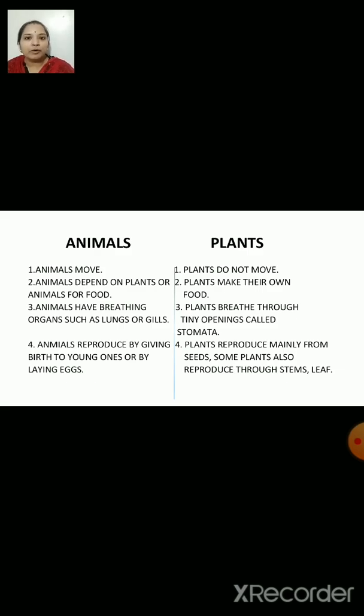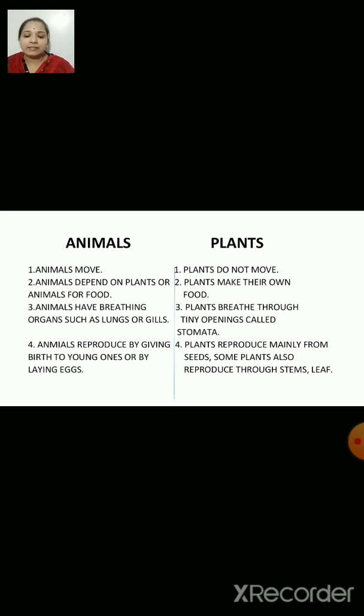And what about the root? It always grows down towards the soil. And we have also discussed that the buds or flowers of the sunflower plant, it moves towards the sun, right? It turns itself towards the sun.